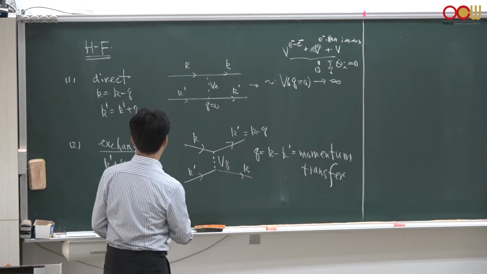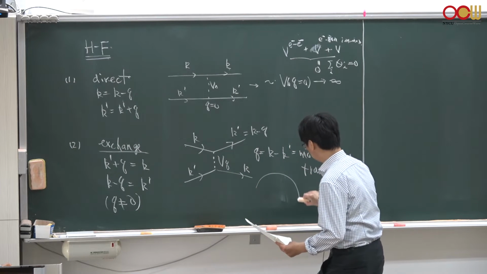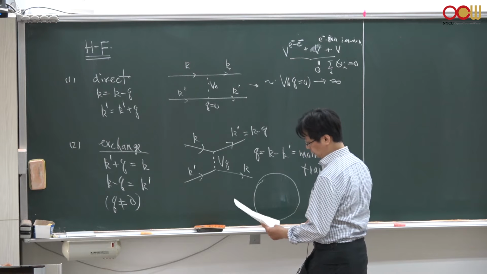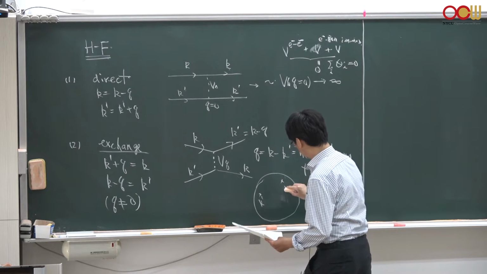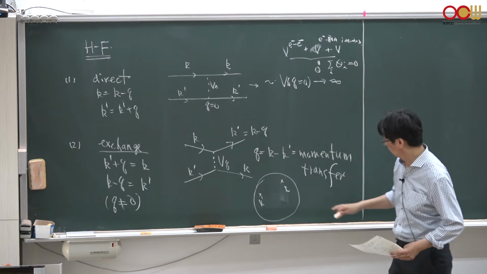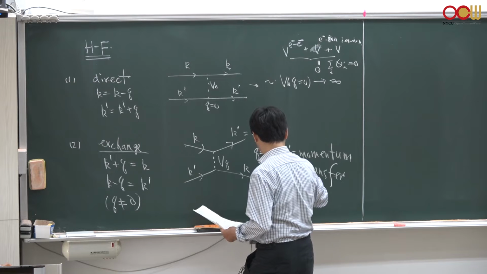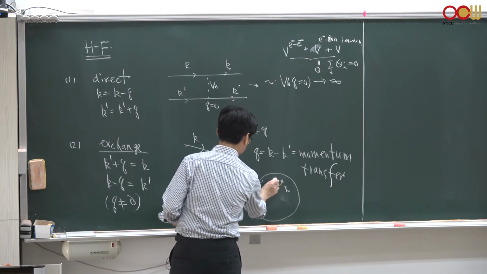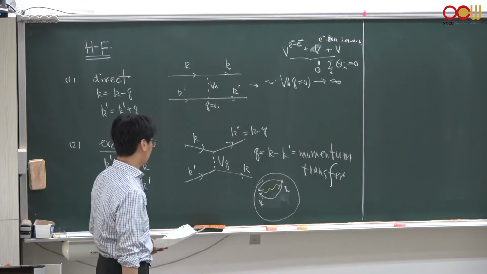And we could use these two diagrams to illustrate these two processes. The exchange process happens between any two electrons near the Fermi surface, but because of this Coulomb interaction, they actually exchange their momentum like this after scattering.